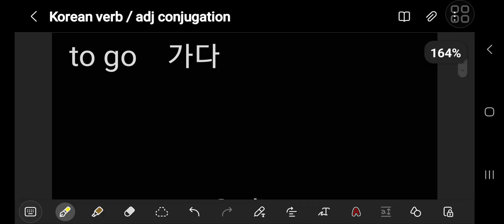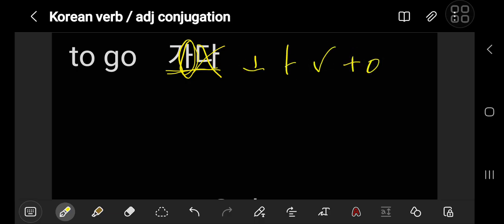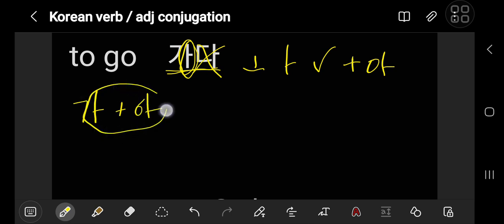We're going to move. So to go is kada. This is the base form, but we don't say that normally. We don't use it to write, so we eliminate this da. And we look at the first vowel, and is it an O or is it an A? Yes, so then we add the A. So we have ka plus A, but in this case, this just combines down to one.